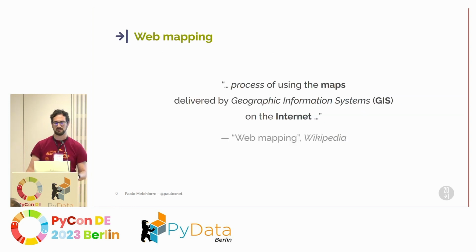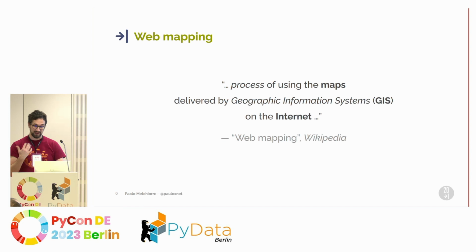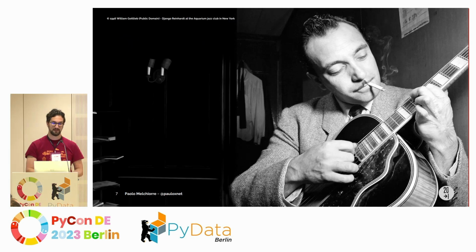On Wikipedia, regarding web maps, we can read that web mapping is the process of using web maps delivered by geographic information system on the internet. But implementing a geographic information system from scratch is beyond the scope of this talk.